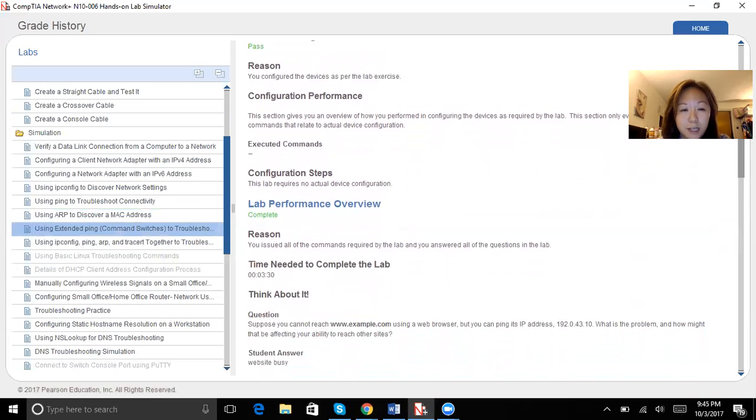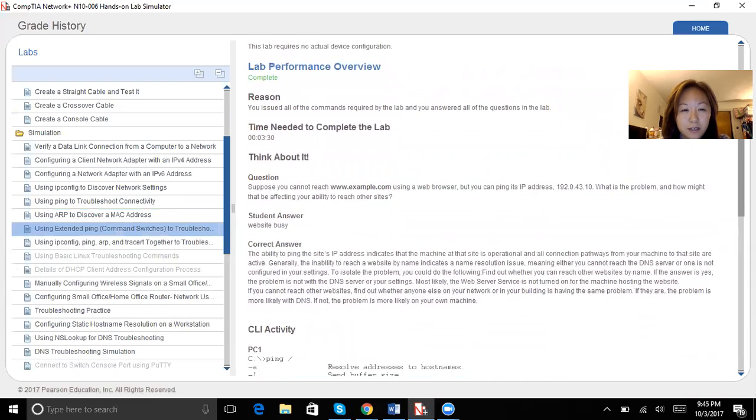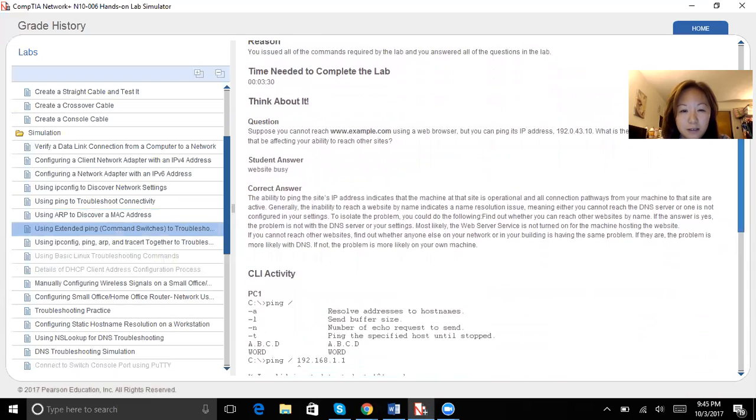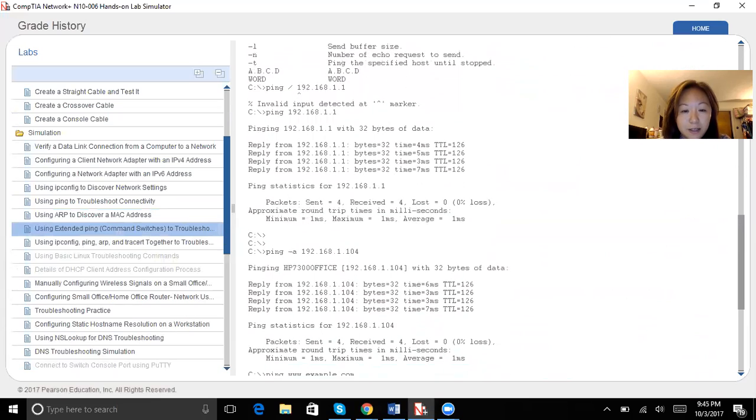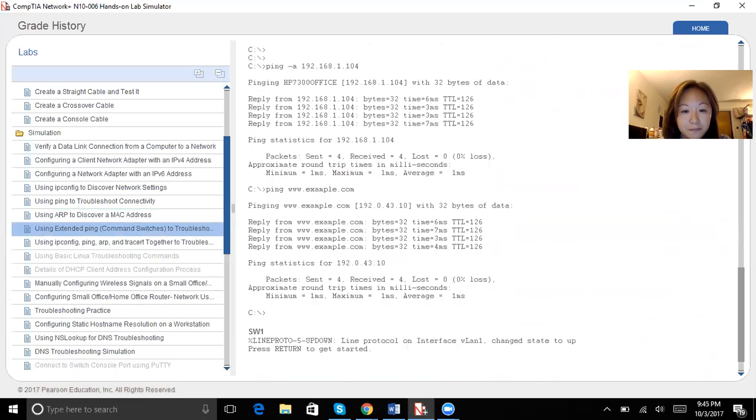This one using the ping command, looking at the different replies back.